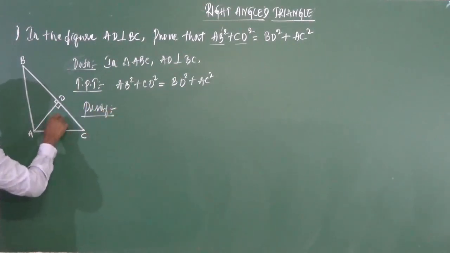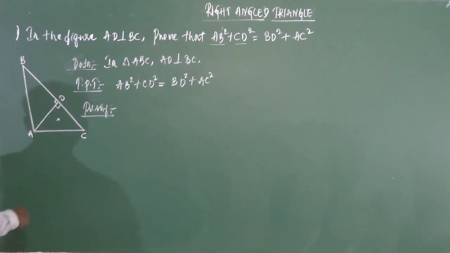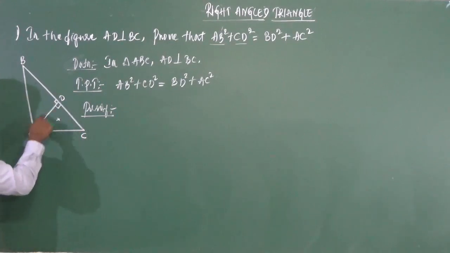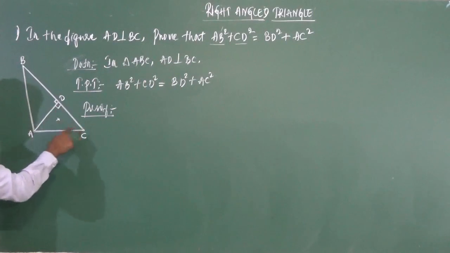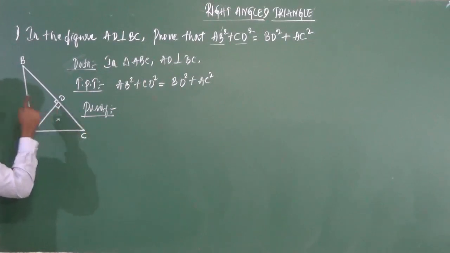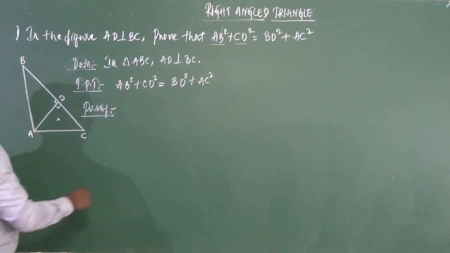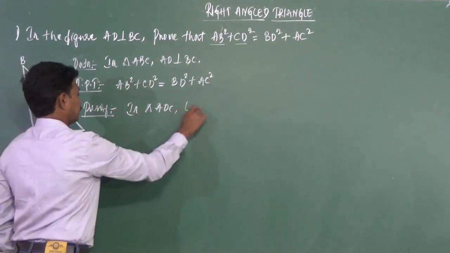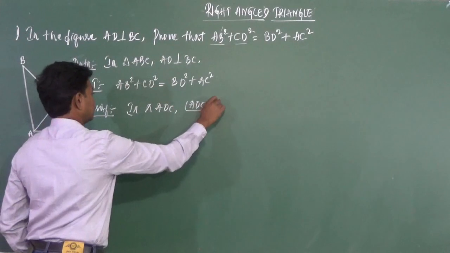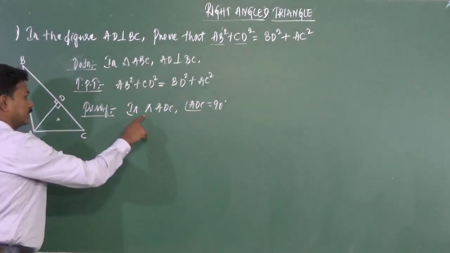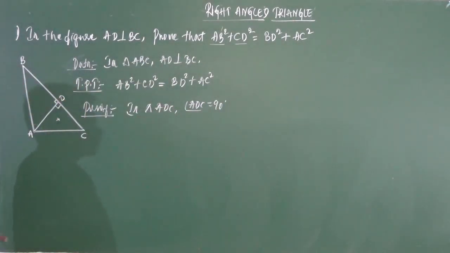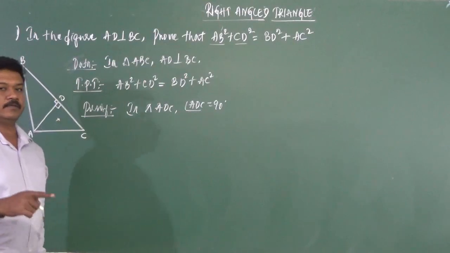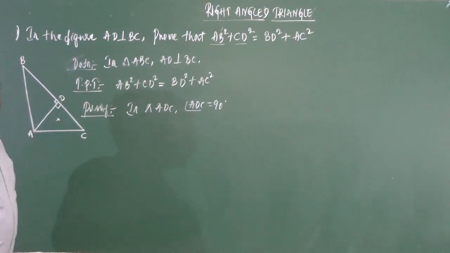We will select the first triangle, that is triangle ADC. In triangle ADC, angle ADC is equal to 90 degrees. In a triangle, if one angle is equal to 90 degrees, then it is a right angle triangle. Then we are supposed to apply Pythagoras theorem.